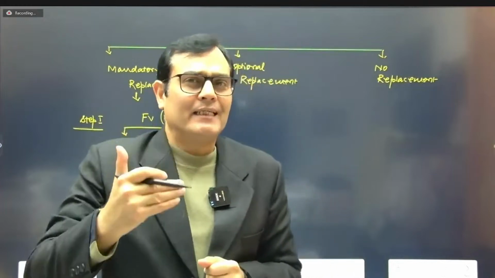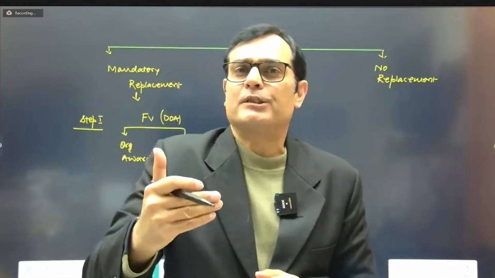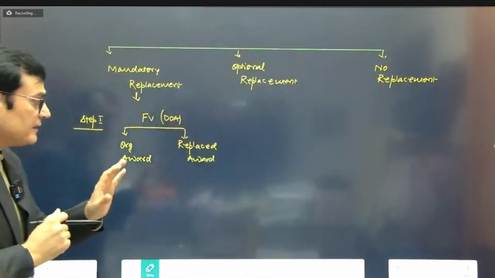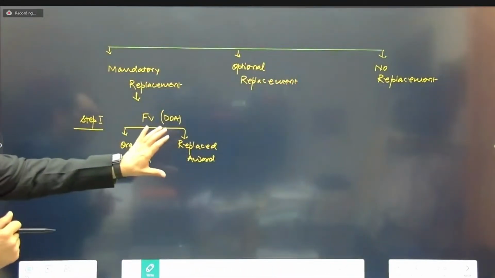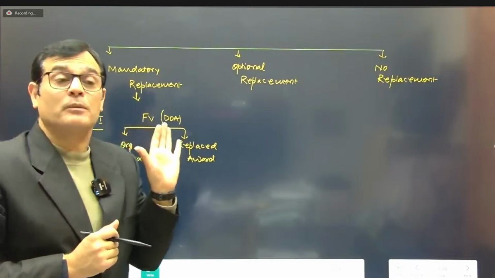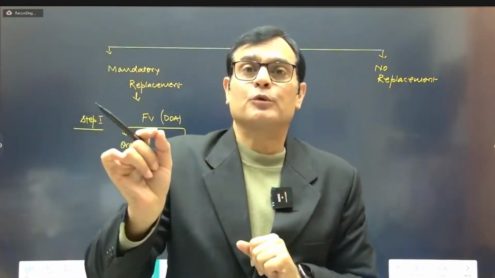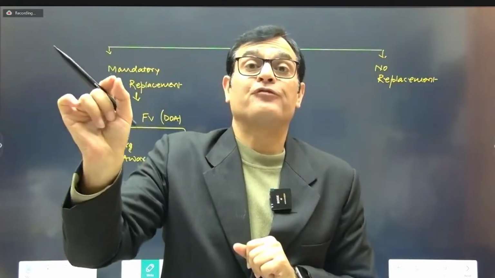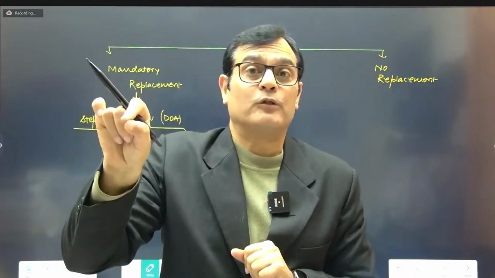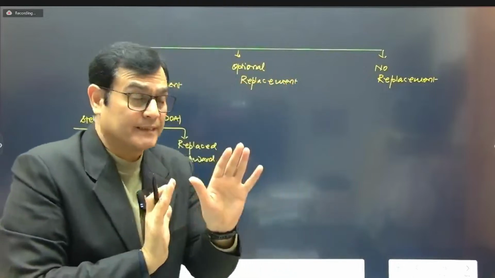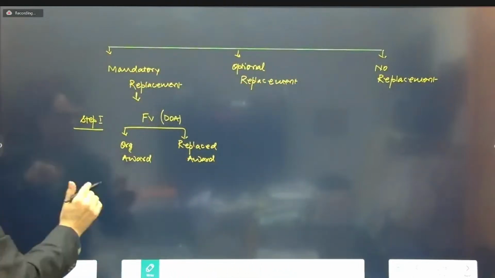And A Limited is planning to replace these awards, so we're going to call them replaced awards. So in step number one, you just need to organize the fair value, which will be very clearly given in the question. Read the question carefully and organize the fair value on the date of acquisition for both the original and the replaced award. That's it. Just organize the data.